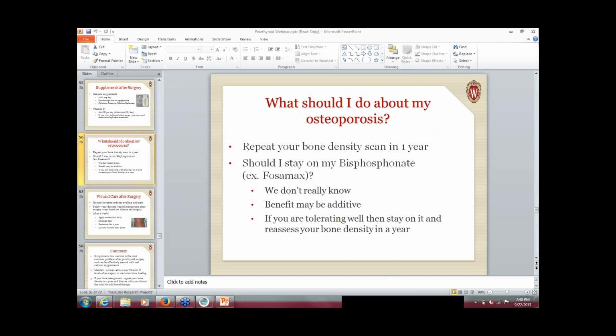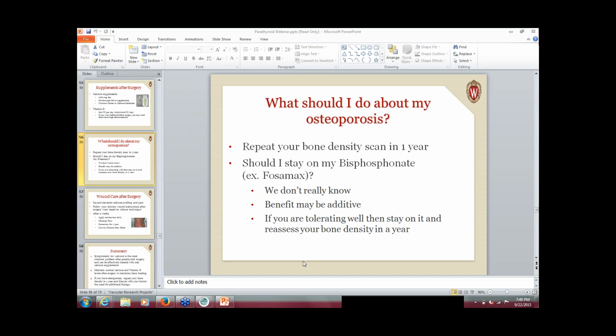Probably one of the most common questions I get is, should I stay on my bisphosphonate or Fosamax? Patients are already on those medications for the osteoporosis and they're wondering, should I stop these? I think the problem is we don't really know that answer. We've done some studies to try to address this question, and in our preliminary data, it looks like the benefit may be additive. You improve from surgery whether you're on Fosamax or not, so you're going to get some benefit.